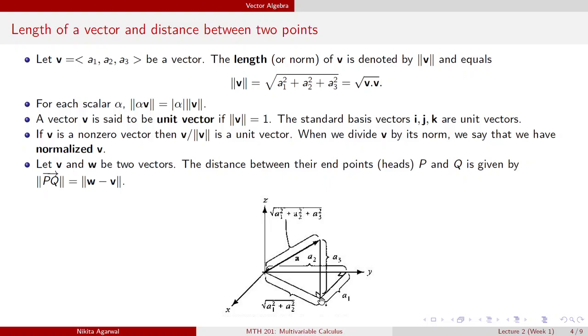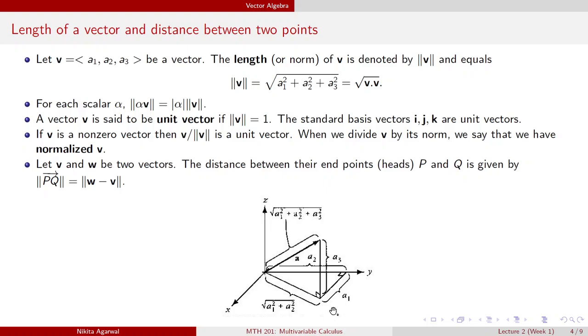Now once you are here, what are the coordinates of this point? The coordinates of this point are a1, a2, 0, because you are on the xy plane. So if this point is a1, a2, 0, then its distance from the origin is square root of a1 square plus a2 square.